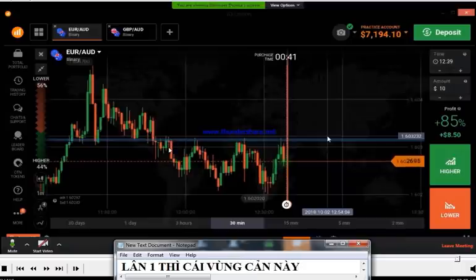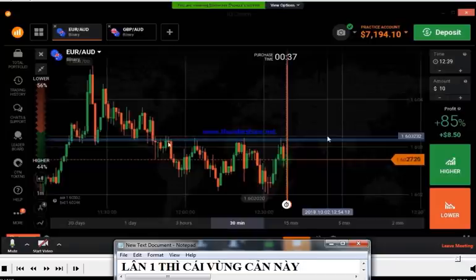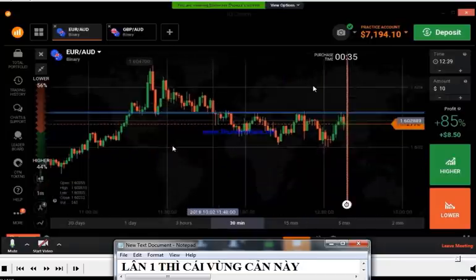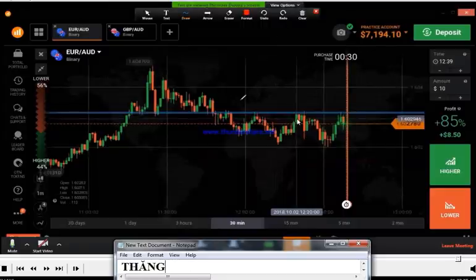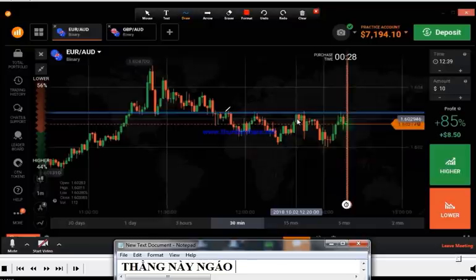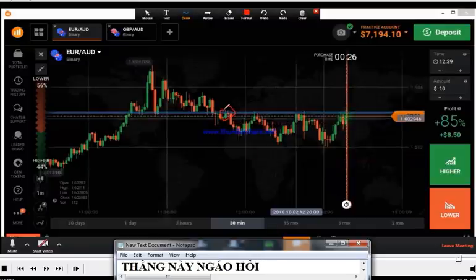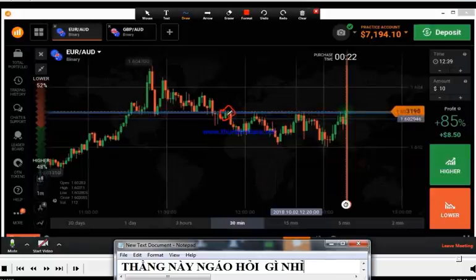But we are going against the trend. Is it right to go against the trend to take the first trade? Okay, bro, I'm showing you. Can I take a trade here with a put option after this green candle?